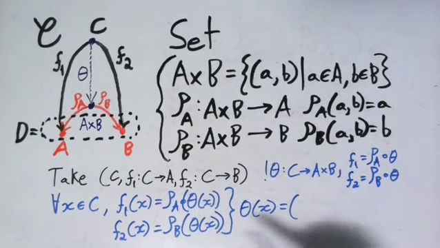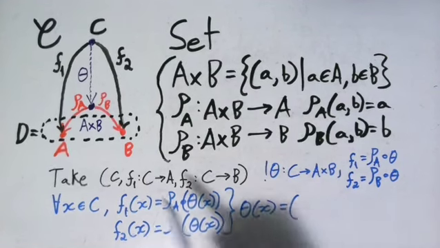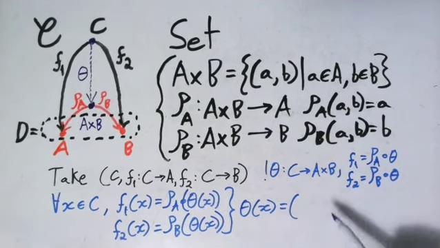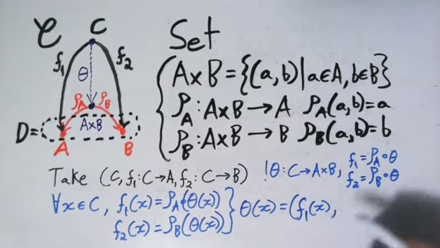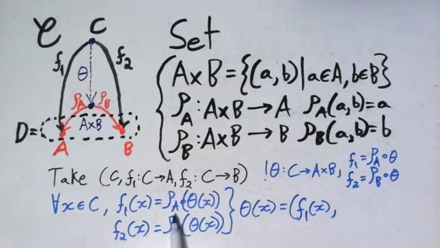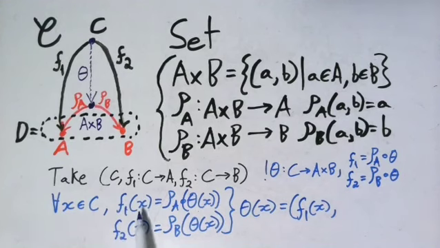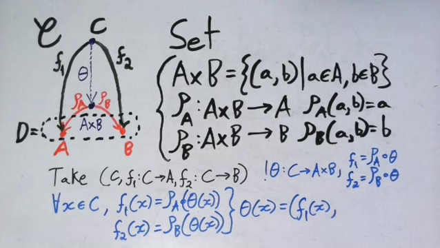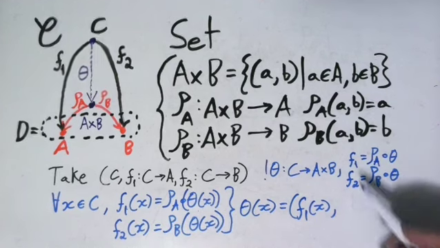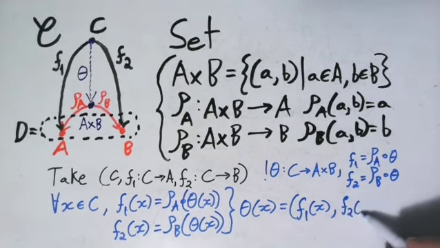And what this is saying is that the first object in this pair needs to be F1 of x, right? Whatever the projection into A maps the result of this to needs to agree with F1 on x. So that means we need this to be F1 of x, because this is exactly what gets projected into A, right? And then the same is true on this side, but of the second, F2 of x.